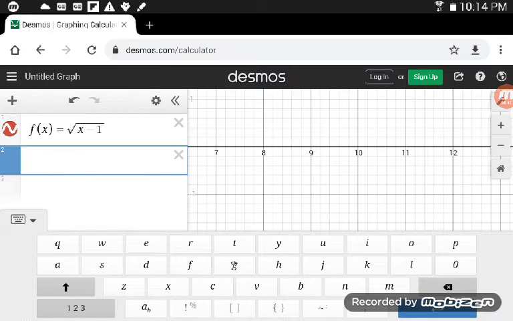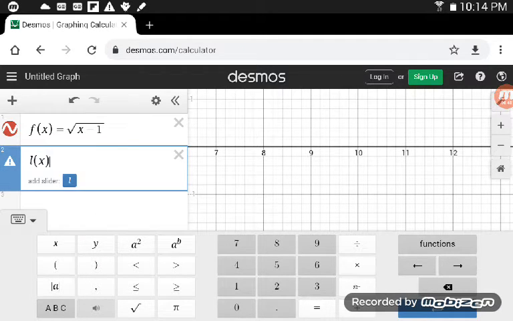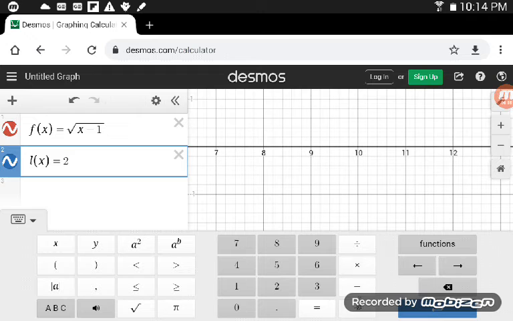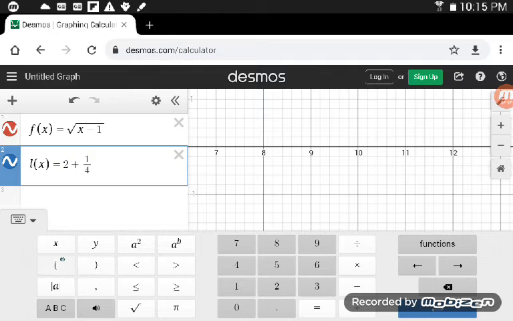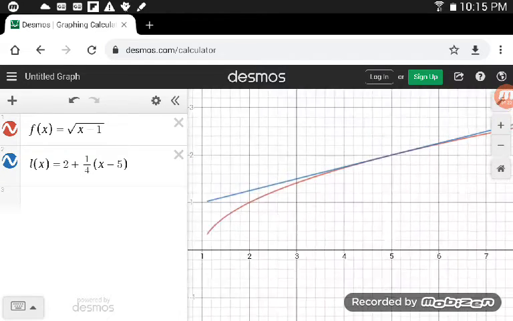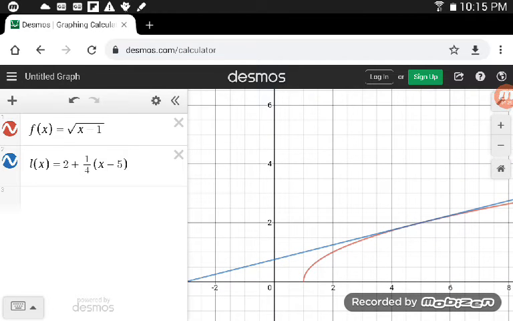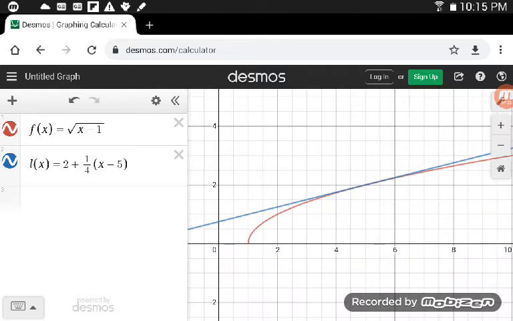So go here and go L of x equals, and we had 2 plus 1/4, so 1 divided by 4, and then I need to come up and do my x minus 5, x minus 5, and so hopefully if I go back here and start looking for things, yeah, certainly looks like we did a, my stylus grabs hold and makes things wild. So it looks like we did just fine.